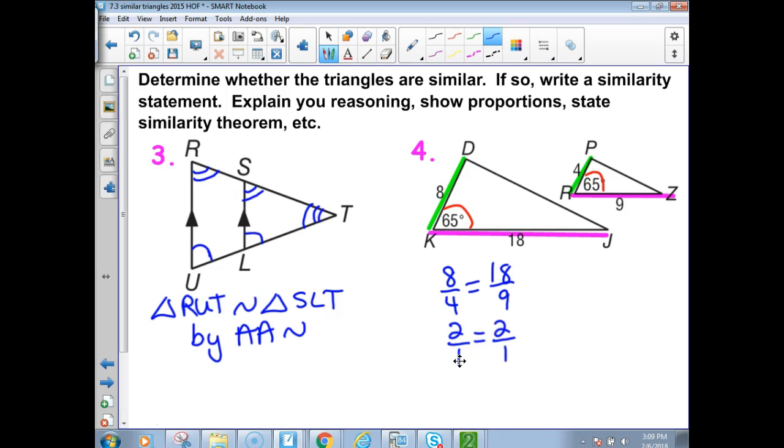That would be the scale factor. All right, 2 to 1. They reduce to 2 to 1. So I know they're similar. So yes, triangle KBJ is similar to triangle RPZ by, yep, you got two sides and an angle included. SAS similar.